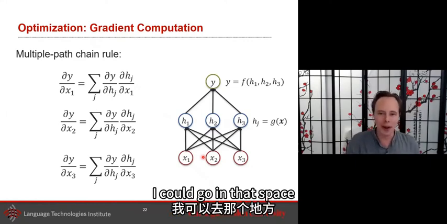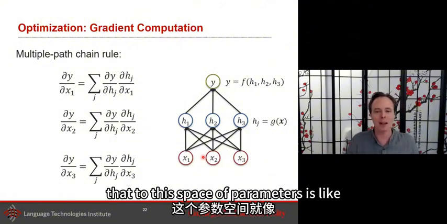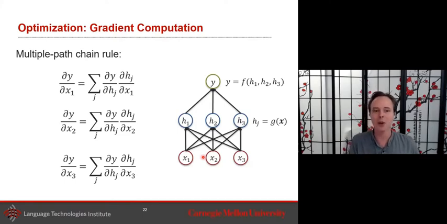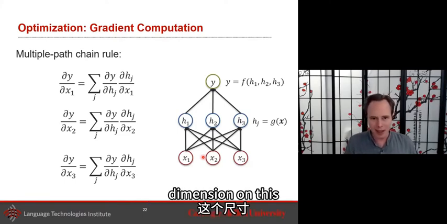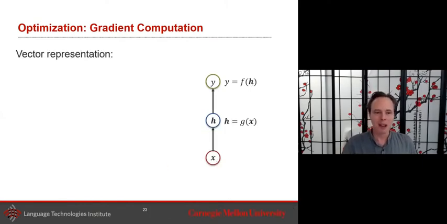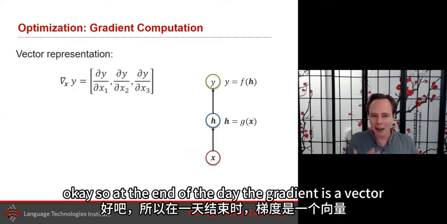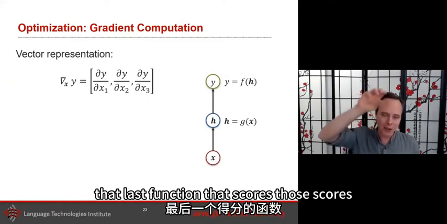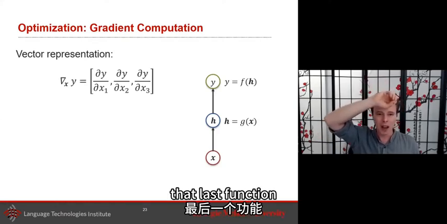I could go in that 2D space of parameters, so my gradient will have at least two dimensions. In this example, we have three of them. So at the end of the day, the gradient is a vector. There's one value that tells me how that loss function, those scores, change.